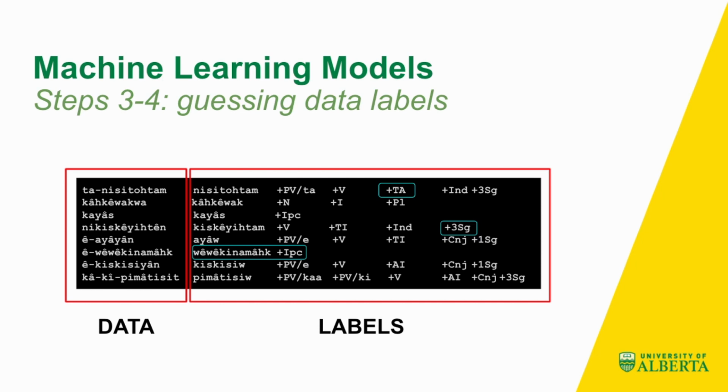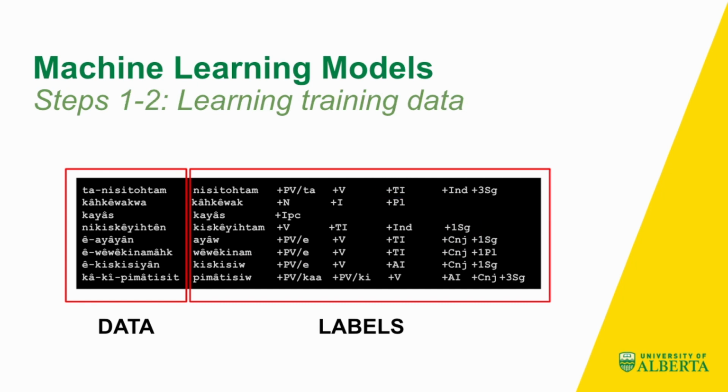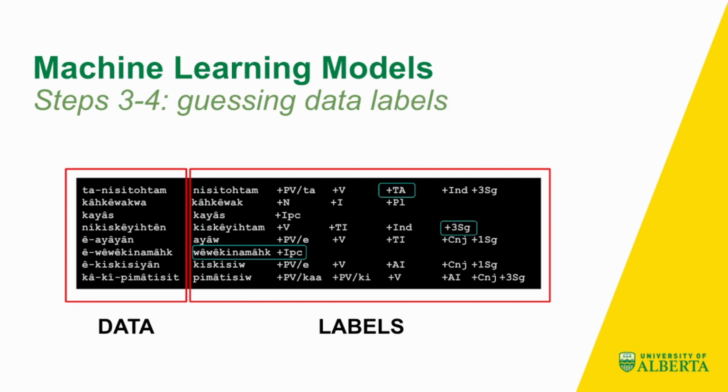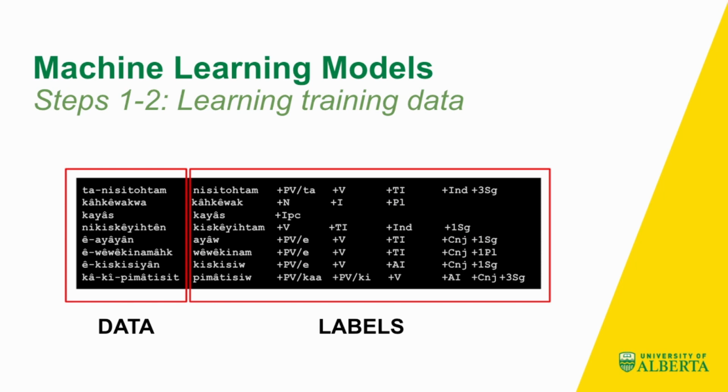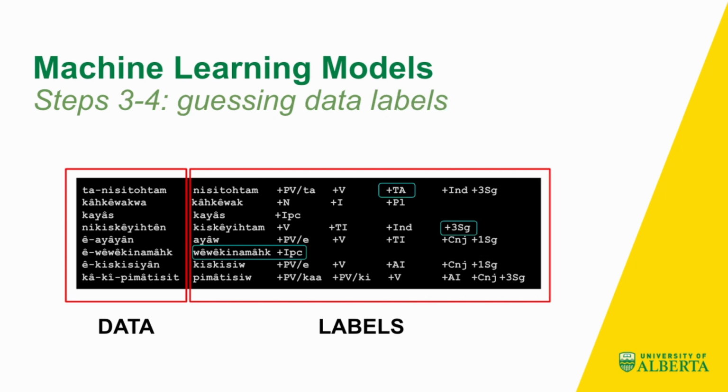In the cyan, or bluish green, rectangles, we can see these are errors. If I flip back really quickly to the last slide, we can see, for example, that the third to last, this Ewe Wickenamak, is a word, Wickenam, with a preverb E, plus verb, plus TI, plus conj, plus one plural.